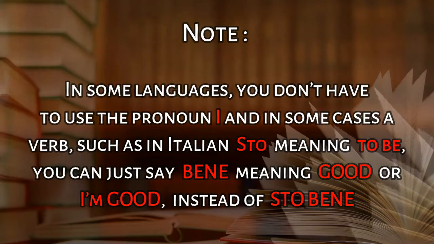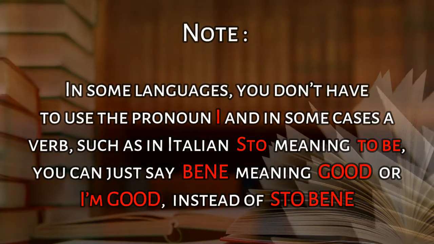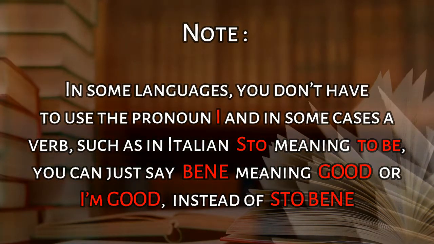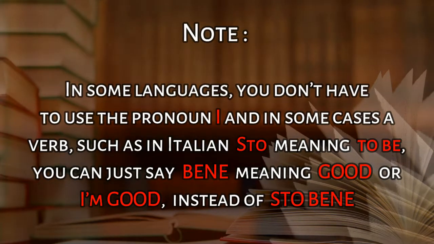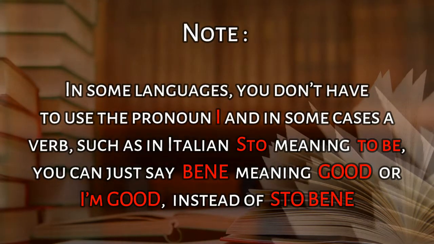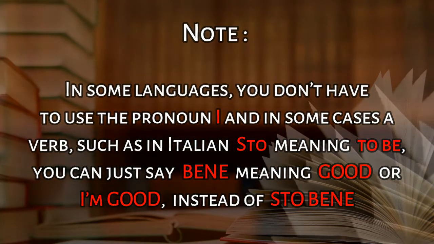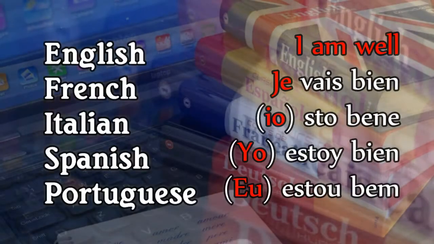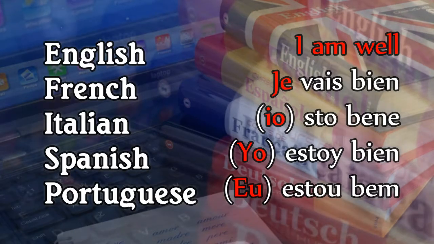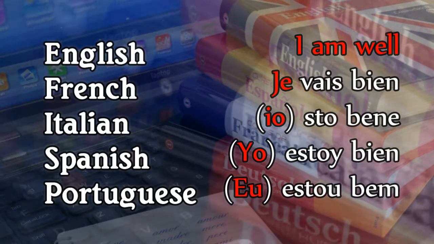Note, in some languages you don't have to use the pronoun I, and in some cases a verb, such as in Italian, sto, meaning to be. You can just say Bene, meaning good, or I'm good, instead of sto bene. Je vais bien. Io sto bene. Yo estoy bien. Eu estou bem.